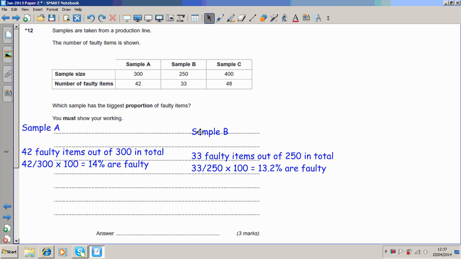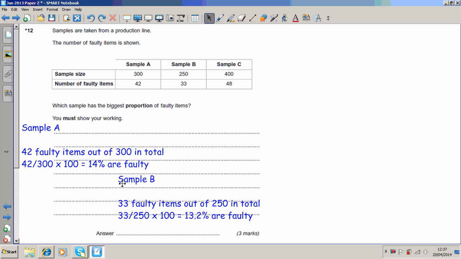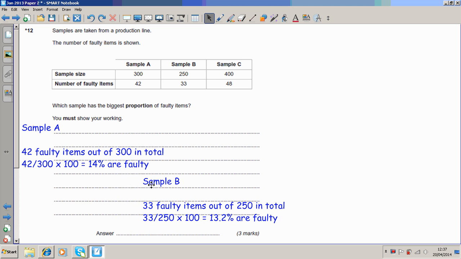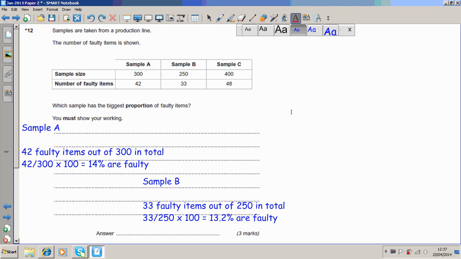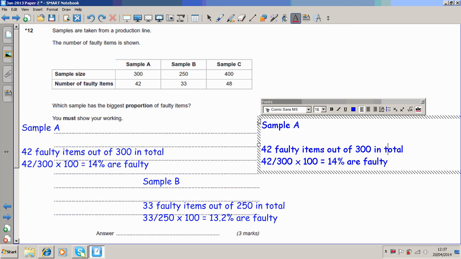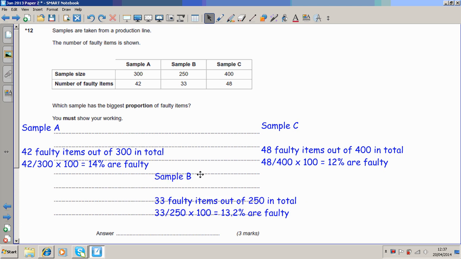There's sample A, sample B, sample C. There are 48 faulty items out of 400 in total, so we're going to do 48 divided by 400 times 100, which is, on our calculators, 12%.